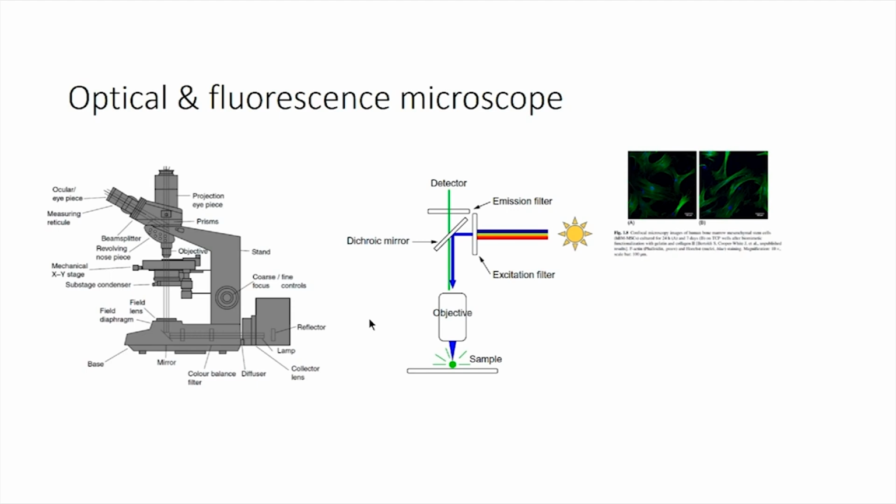The optical microscope has many types, such as phase contrast, where cells are observed based on the phase difference, because the cells absorb some of the light and appear as a dark surface, while light that is not absorbed appears brighter.